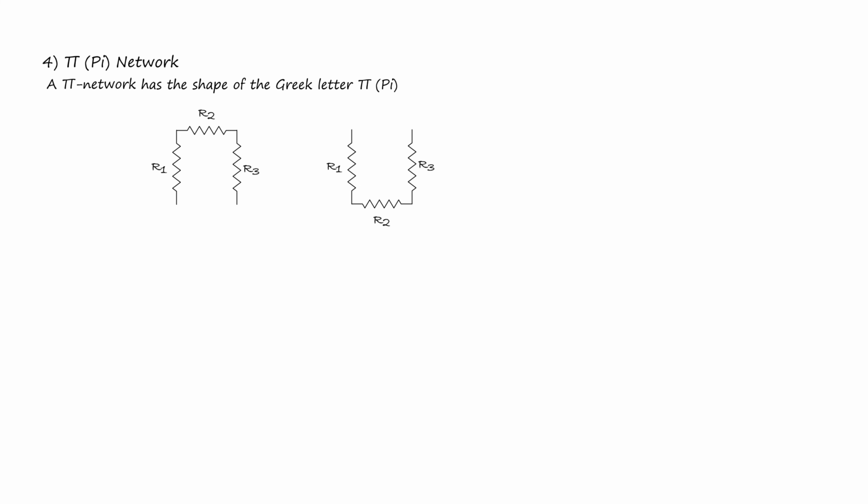When resistors are connected in this shape, the circuit is called a pi network. And in a pi network, we have three resistors R1, R2, and R3. R1 and R3 are connected in parallel, and R2 is connected in series between them.